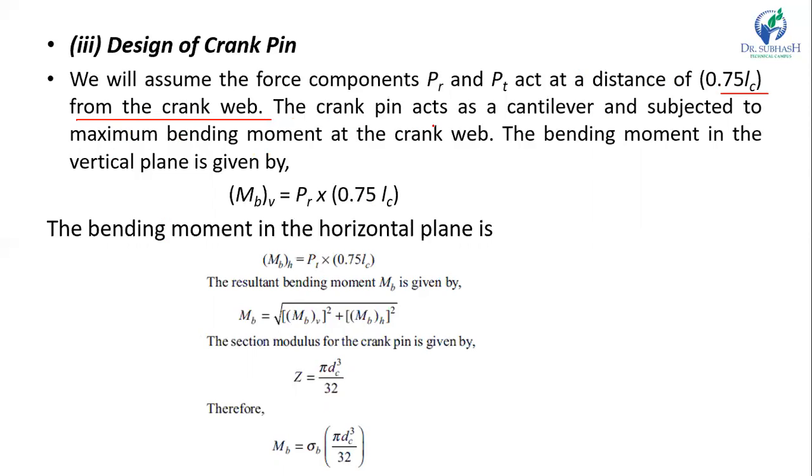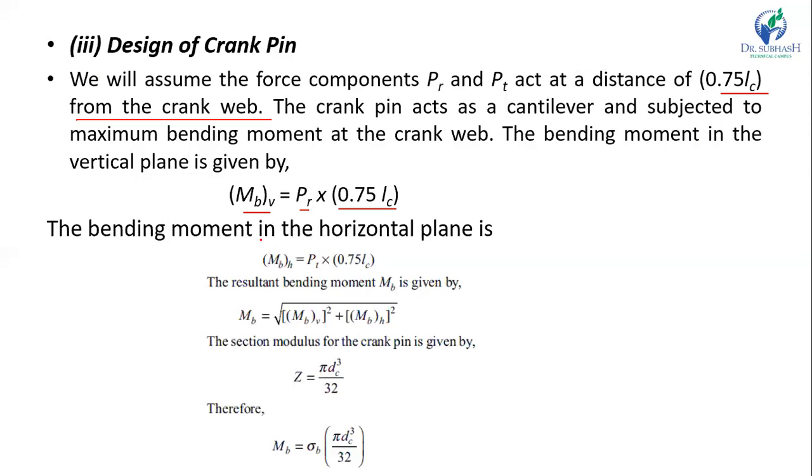So the crank pin acts as a cantilever and is subjected to the maximum bending moment at the crank web. The bending moment in the vertical plane is given by MBV is equal to PR into 0.75 LC.